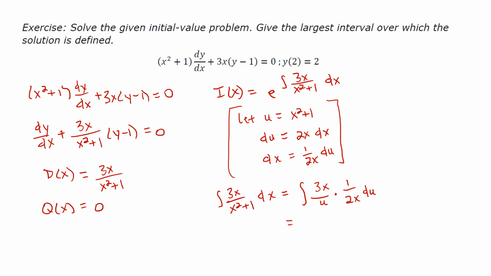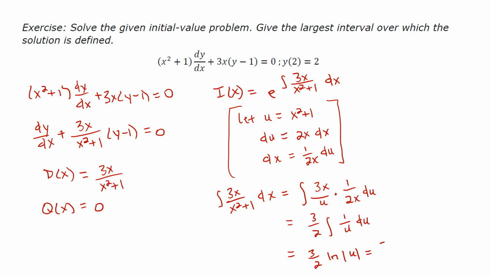So simplifying, we have 3 over 2 times the integral of 1 over u du. So this will equal 3 over 2 natural log of the absolute value of u.